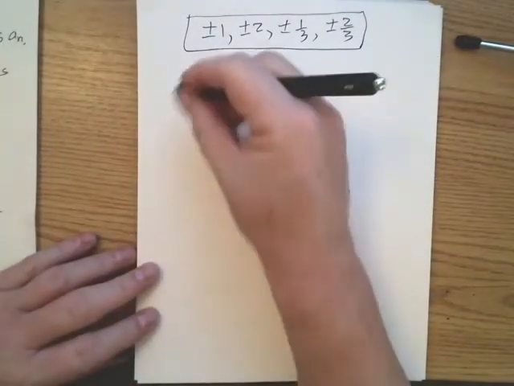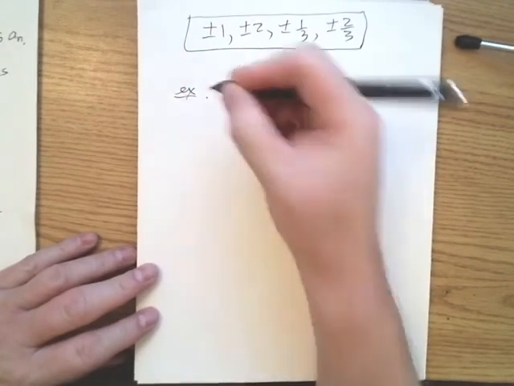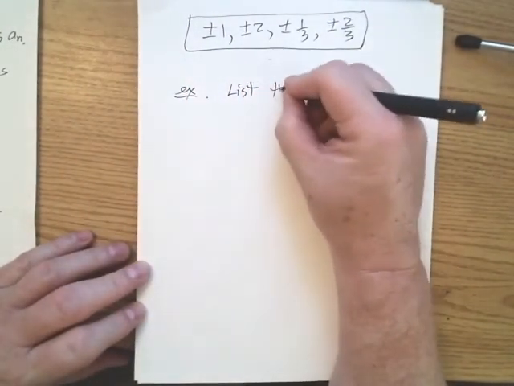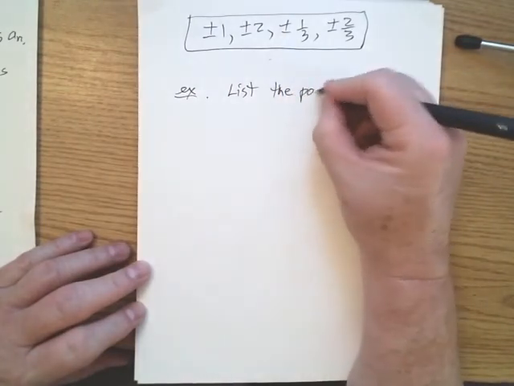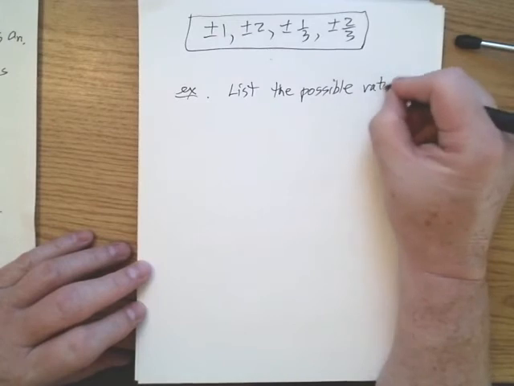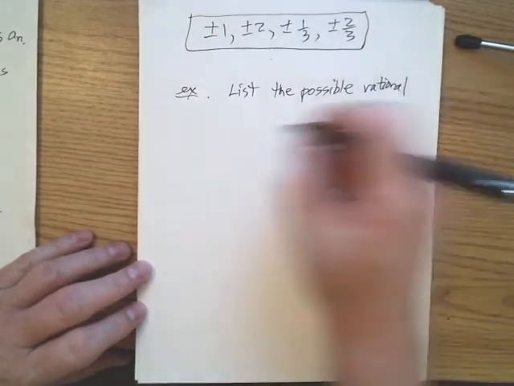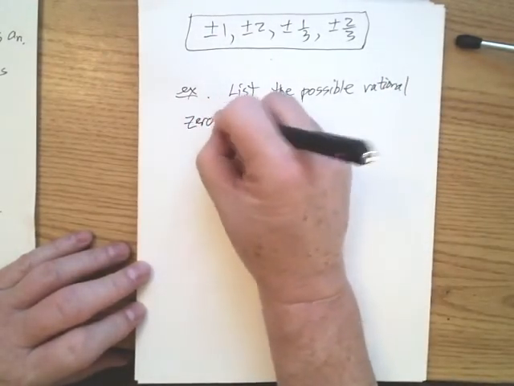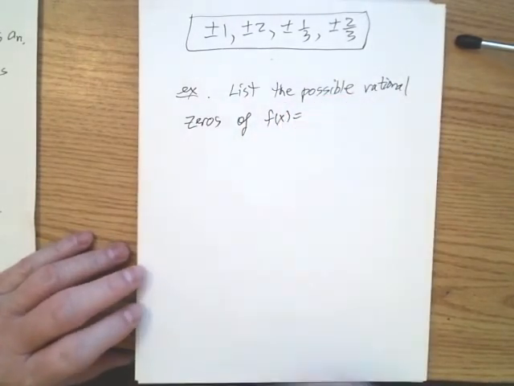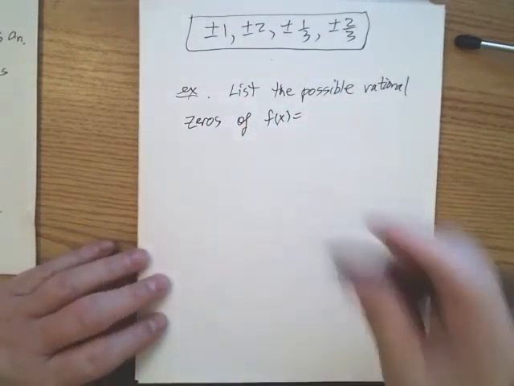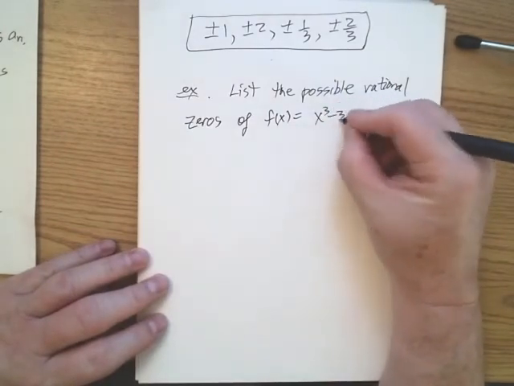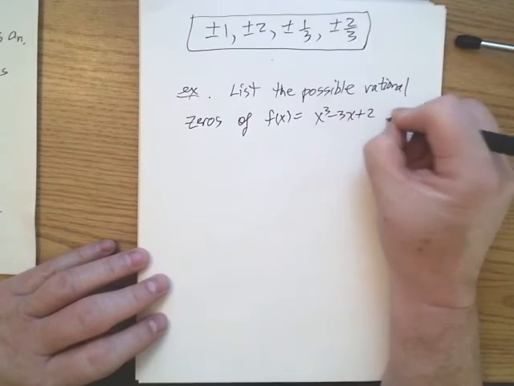Okay, let's try one more, and you can stop it if you want, and just have you go ahead and list the possible rational zeros of f of x. Let's see, which one I chose. x cubed minus 3x plus 2.